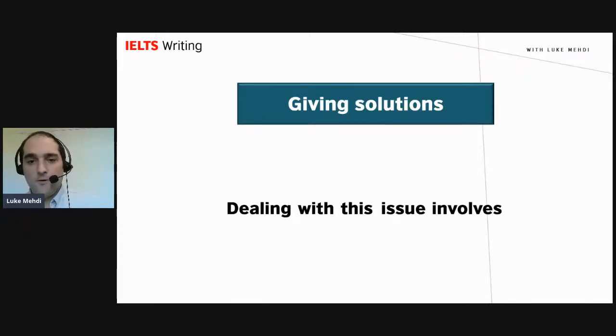We'd probably follow it with some kind of, again, a noun phrase. Dealing with this issue involves doing something. Yeah, so very often we would follow this with verb ing.